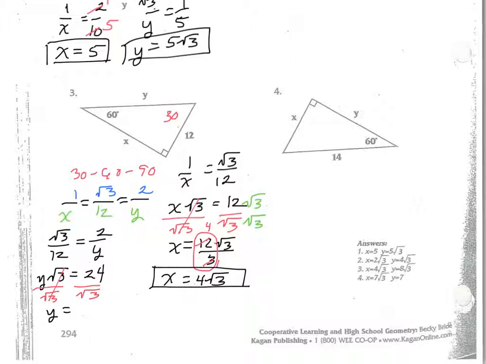So we're going to rationalize by multiplying numerator and denominator by that radical. And we end up with 24 radical 3 over 3. Can I have that as an answer? No. So the 3 cancels into the 24 8 times, and so my final answer is 8 radical 3.